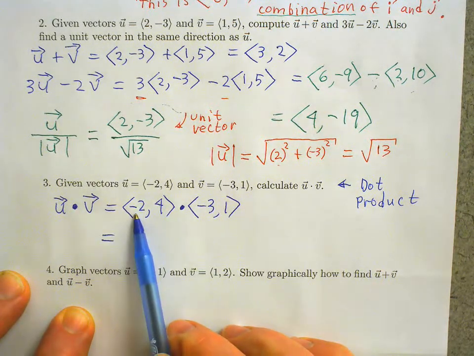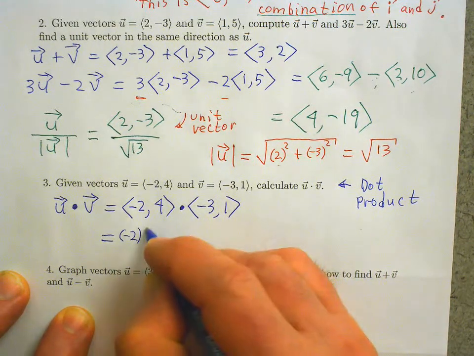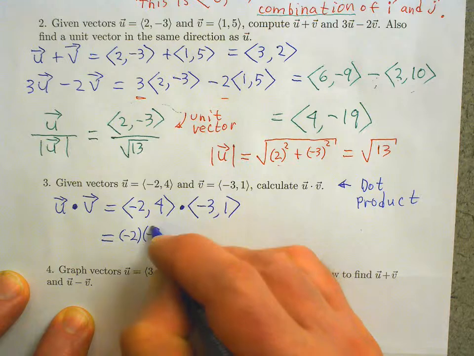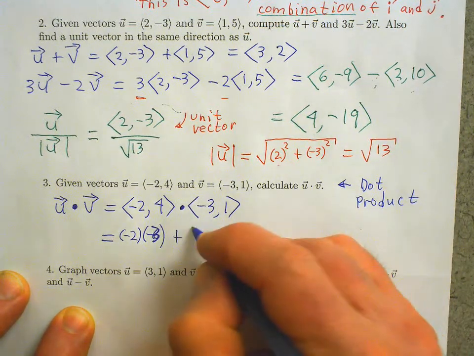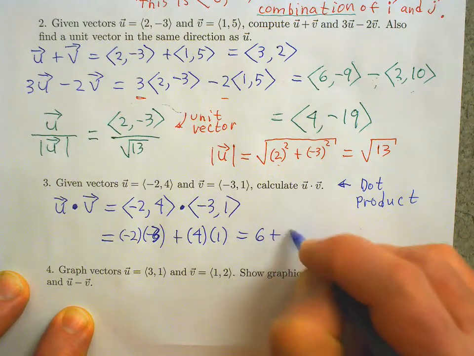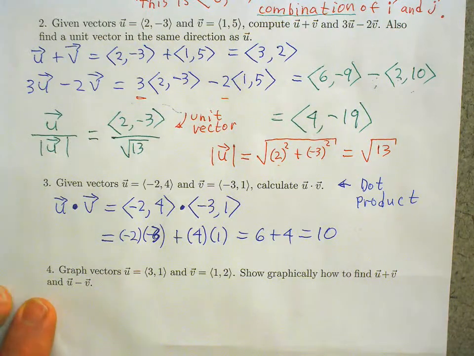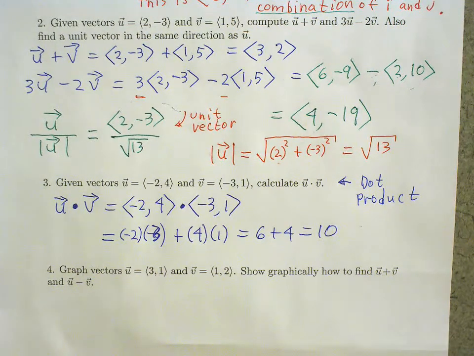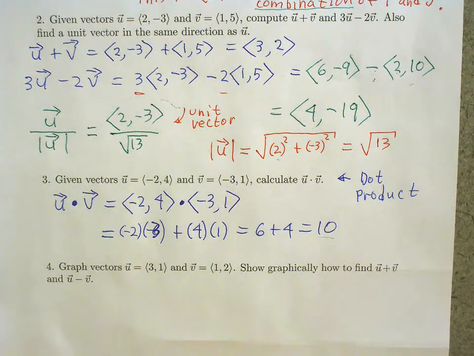So -2 times -3, I'll go ahead and write it out a little bit. -2 times -3, and then plus 4 times 1. So we get 6 plus 4, or 10. So 10 is just a real number. That's the result of a dot product, is a real number.